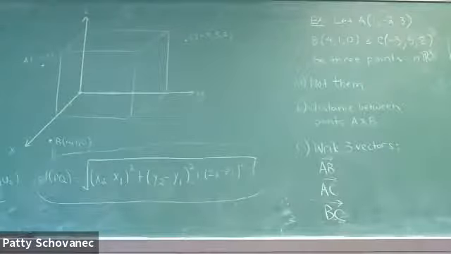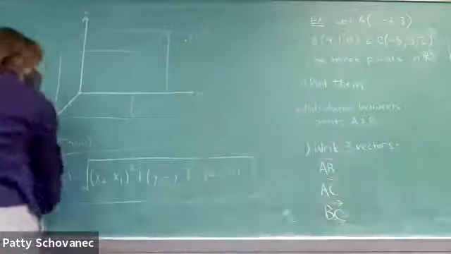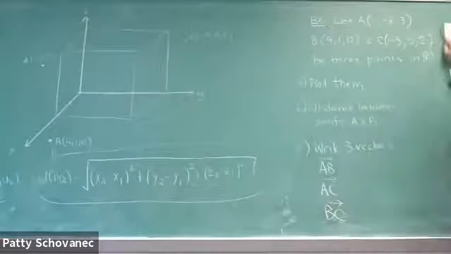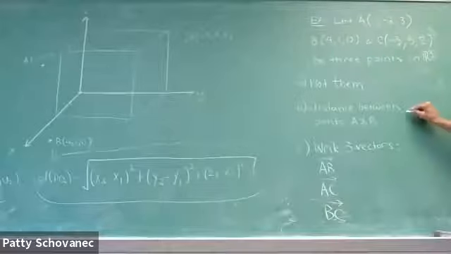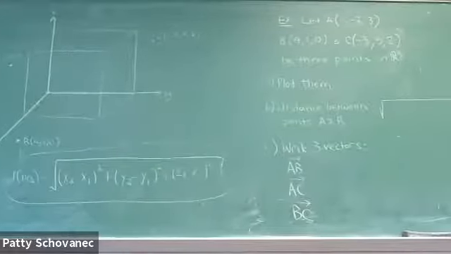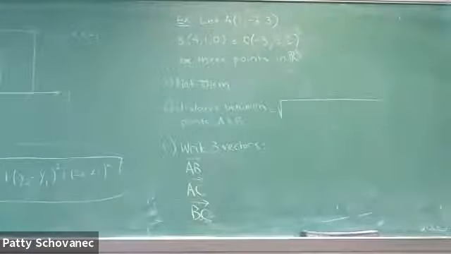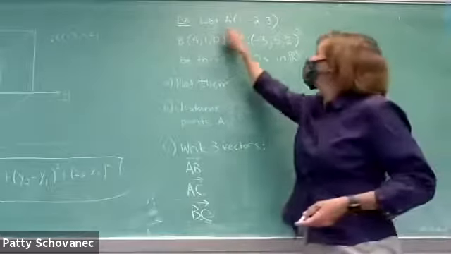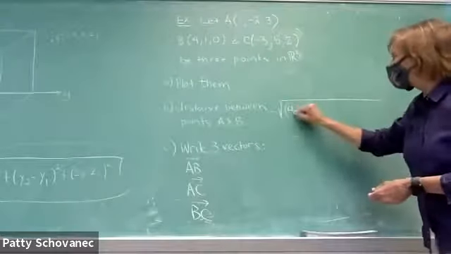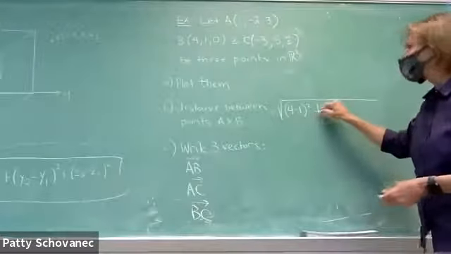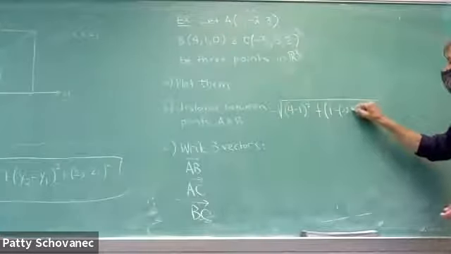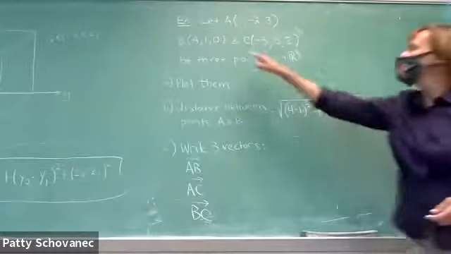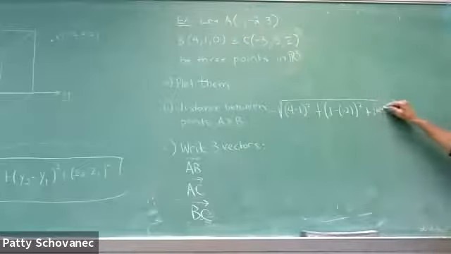So for the distance between A and B, there's my square root sign. Let's see, I can go with 4 minus 1 all squared here, plus 1 minus a negative 2 all squared here, plus 0 minus 3 squared here.